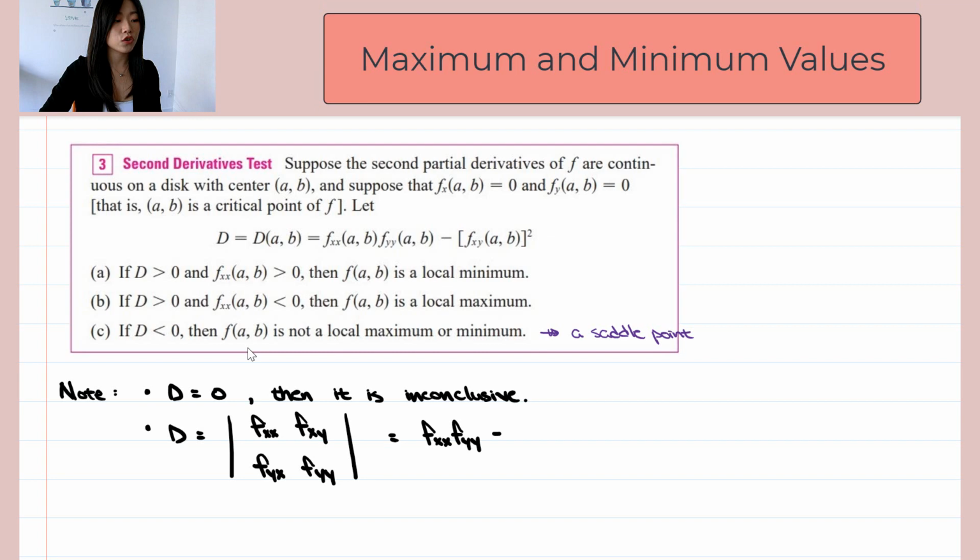And for most of the functions, f sub xy equals f sub yx, as long as the function is continuous and differentiable. So we can rewrite that as f sub xy squared.